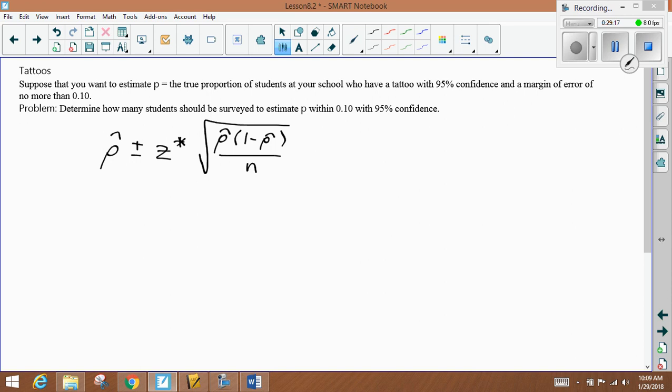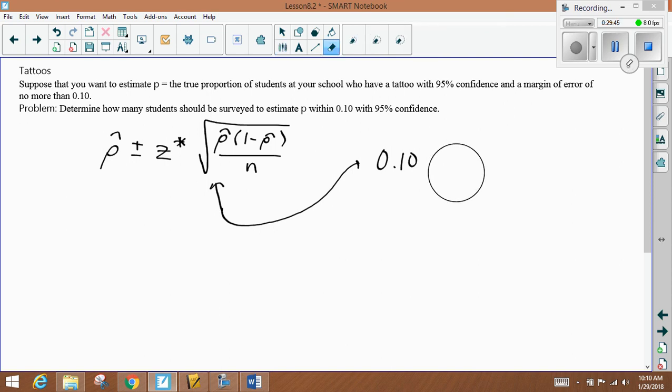So in other words, we want this thing to be less than 0.10, so we can set up an equation that says that over here. No more than. It's got to be that.